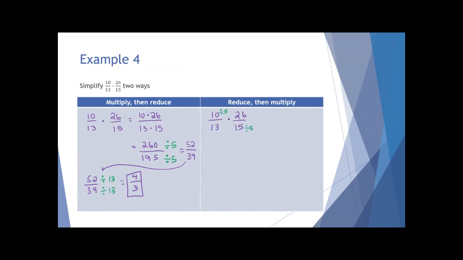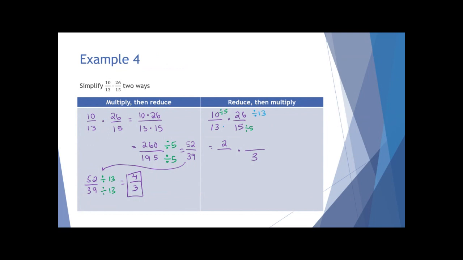10 divided by 5 is 2. 15 divided by 5 is 3. So I set up my fraction with 2 on top, and then 15 divided by 5, that's 3. I can do the same thing with the 26, because I know I can divide that by 13.